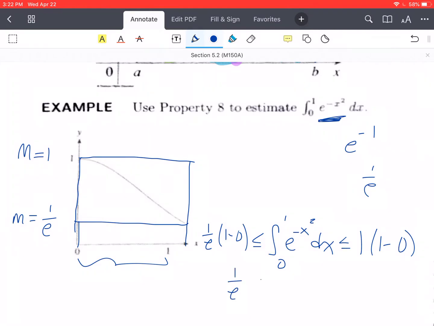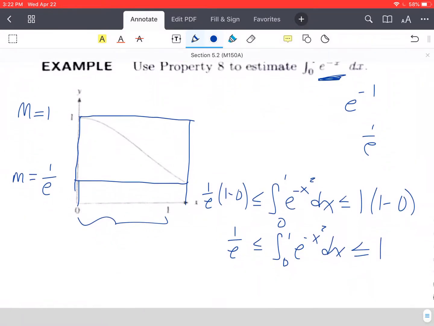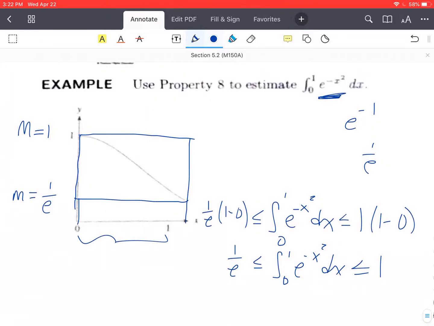So this is just 1 over e less than or equal to the integral, which is less than or equal to 1. And we can see from the diagram that clearly that's true. If you're curious, this value is approximately 0.368. So the value of that integral, that area under the curve, must be between about 0.368 and 1.